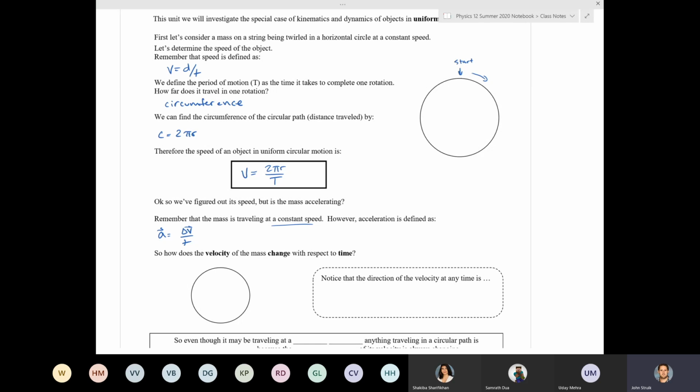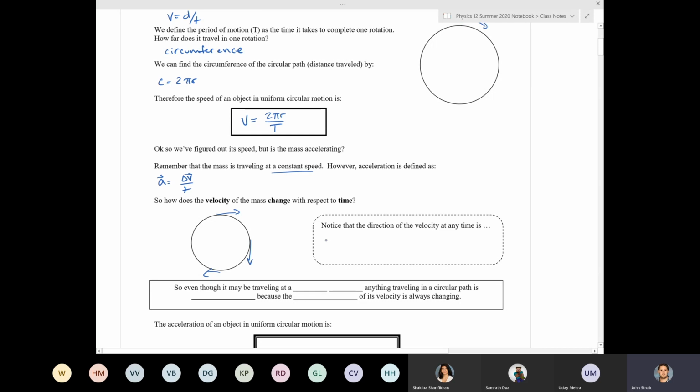So the position is changing all the time. At one point the object's going that way, at one point the object's going that way, and then that way. So it's always changing position. Okay, so notice that the direction of the velocity at any time is perpendicular to the path traveled. And what we call this is tangent to the circular path.